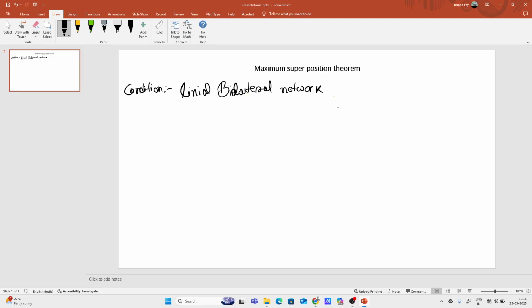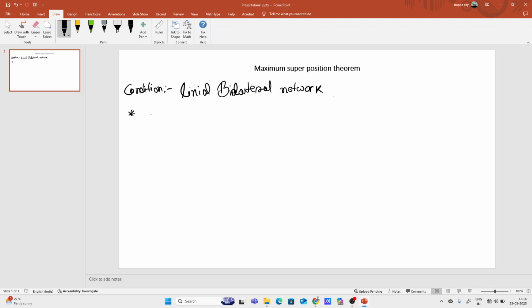And what it states, I don't want to write, I'll just say it. If the load is variable, meaning in other theorems we don't talk about a variable load, but here we'll talk about a variable load. If the load is variable, we need to find a condition in which maximum power is absorbed by the load.